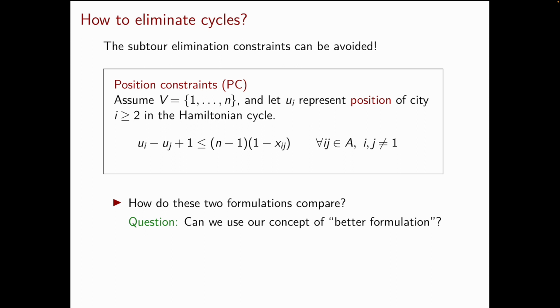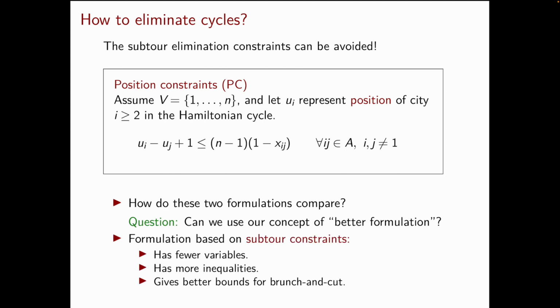Therefore, if we look at the 2 corresponding natural linear relaxations, they live in different spaces, and so we cannot ask whether one polyhedron is contained in the other one. Actually, this concept of better formulation can still be applied in this setting, but it involves a projection step, which essentially gets rid of the u variables, but we're not going to discuss this approach now. So what we can say for now is that the formulation based on the Subtour constraints has fewer variables.